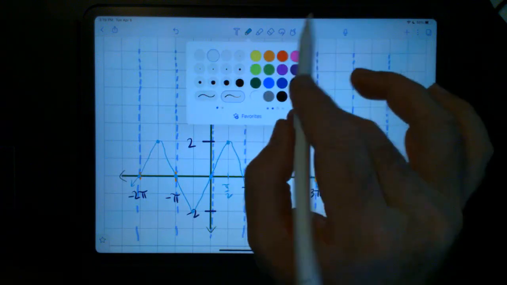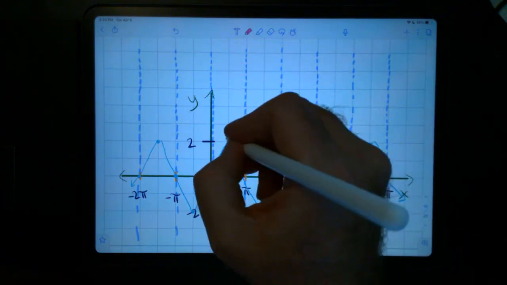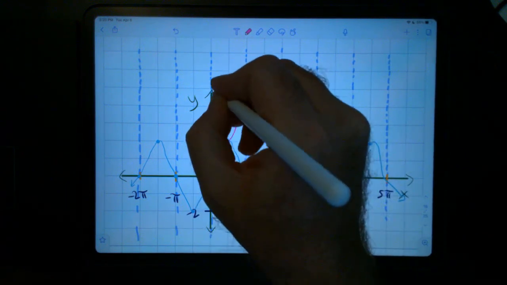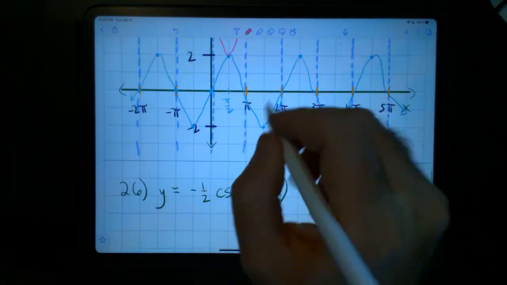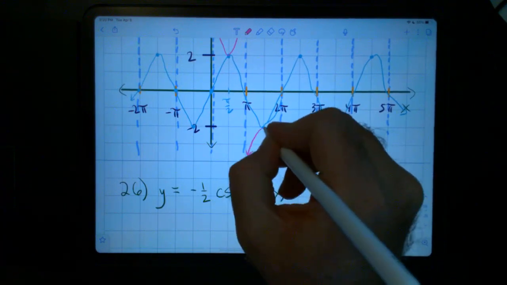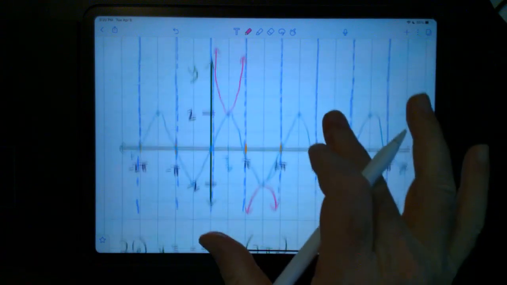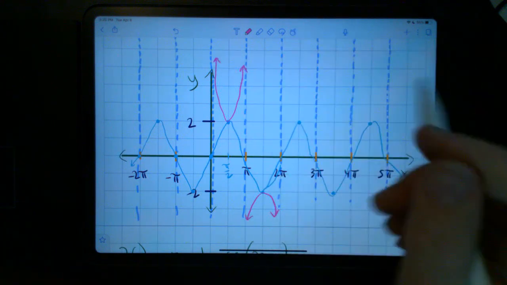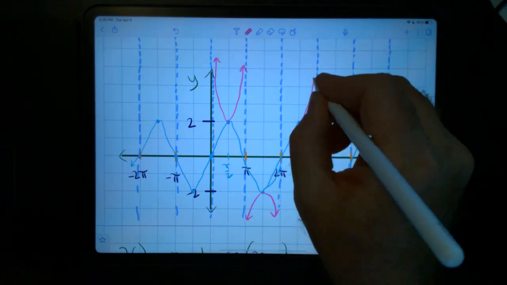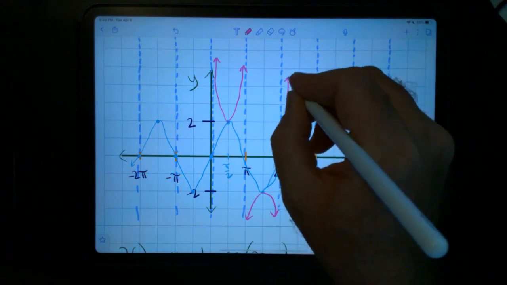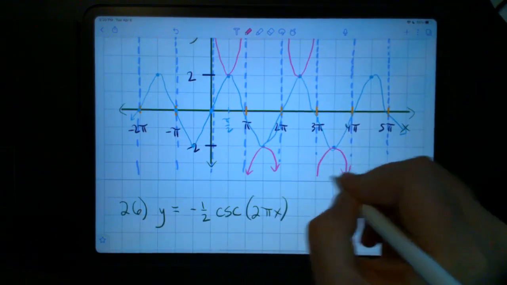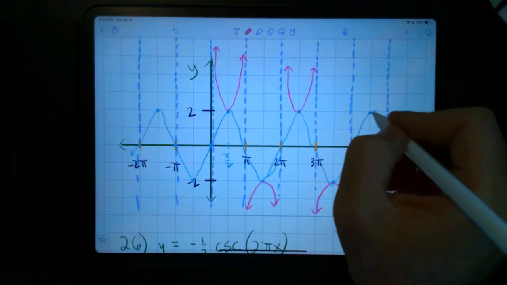And then this pink is going to be the cosecant. So the pink, technically, that is 1 period. Right? You can graph as many as you like, unless your exam calls for a specific number of periods to be drawn.